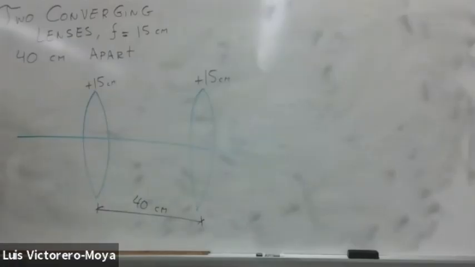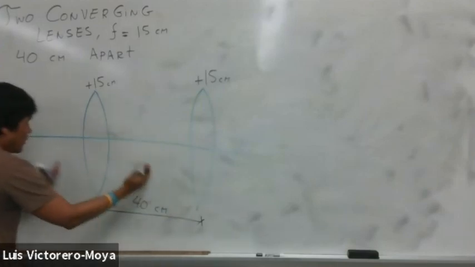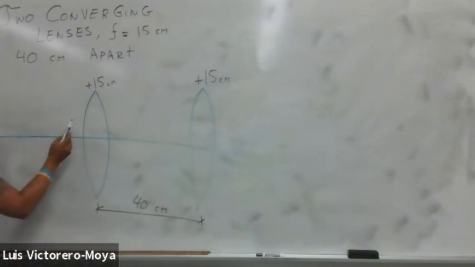The object is placed 30 centimeters away from the first lens, so this is 40, 30, about here.